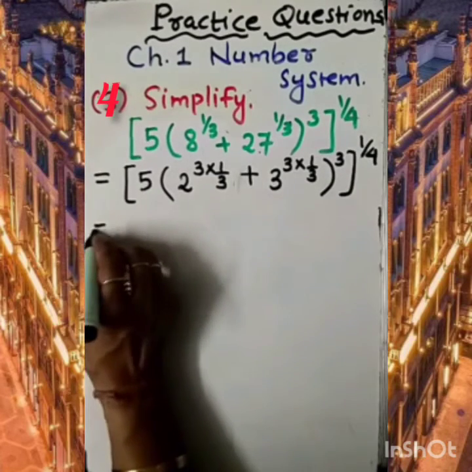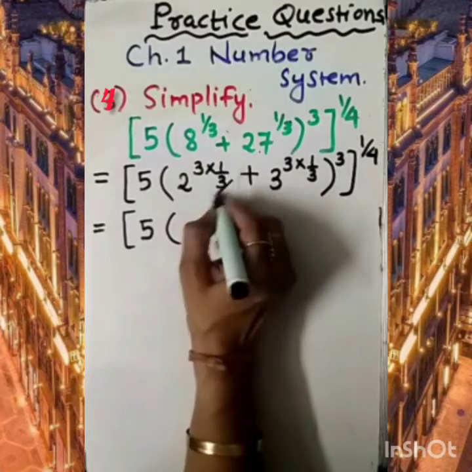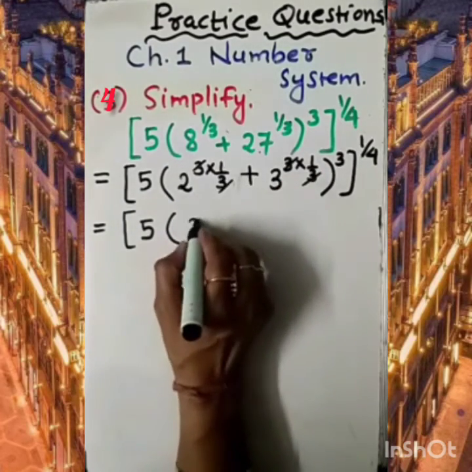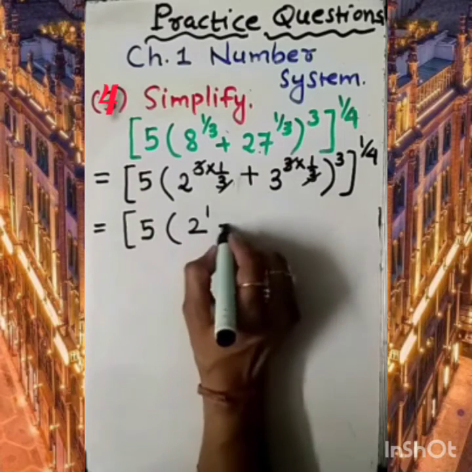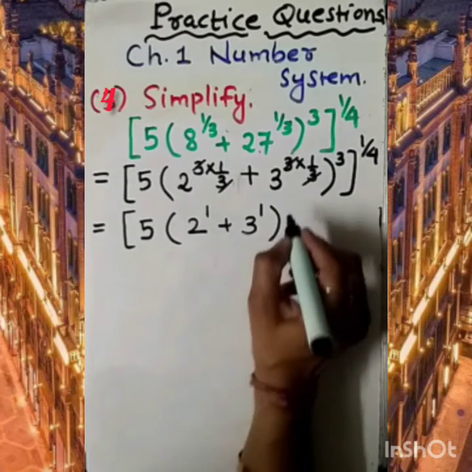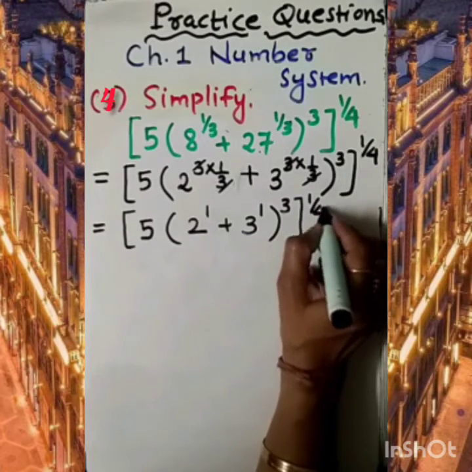Equal to, let's see. This 5 is already with us. This 3 and 3 cancel, this 3 and 3 cancel. 2 to the power 1 means only 2, and 3 to the power 1, this 3 cancels, so it will be 1, whole to the power 3, and here it is 1 by 4.